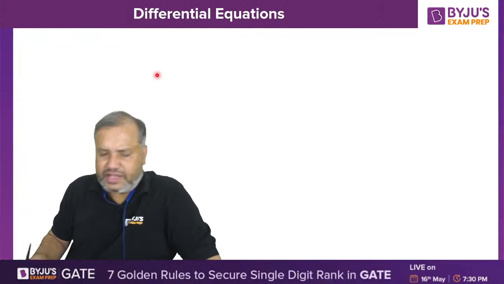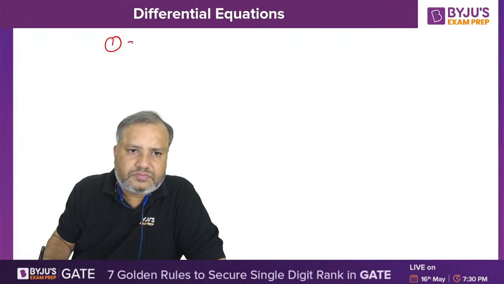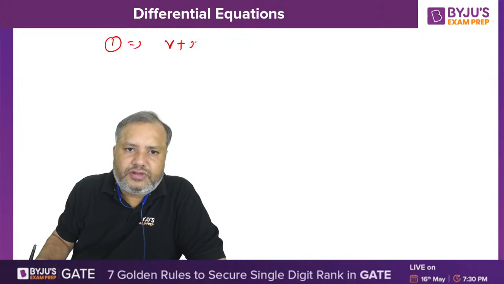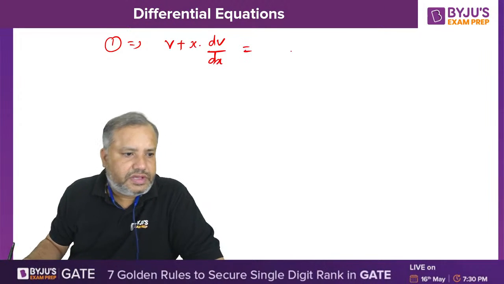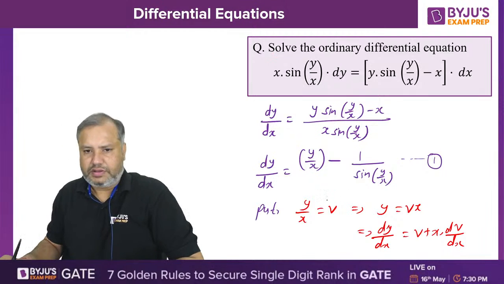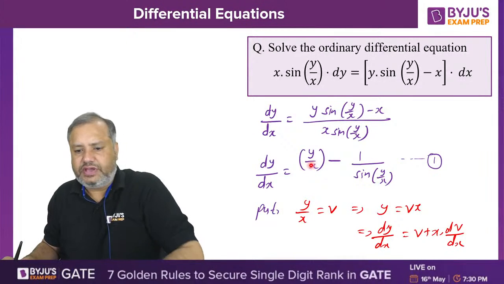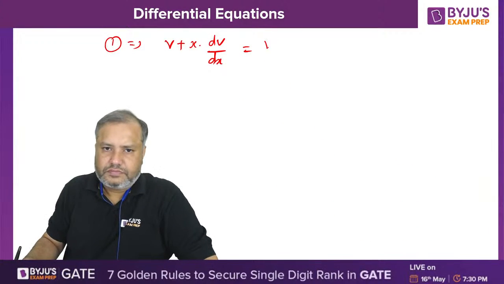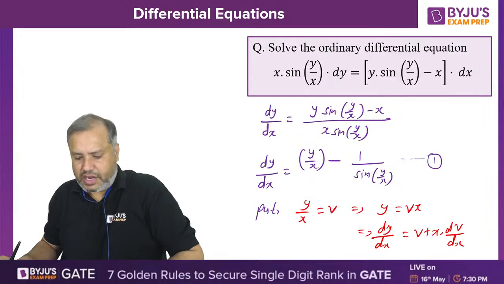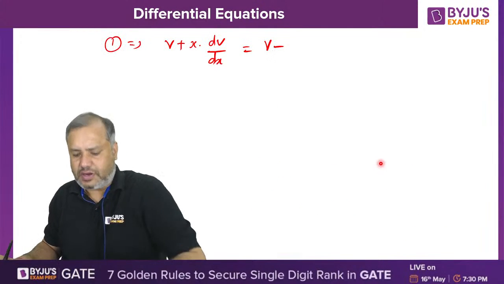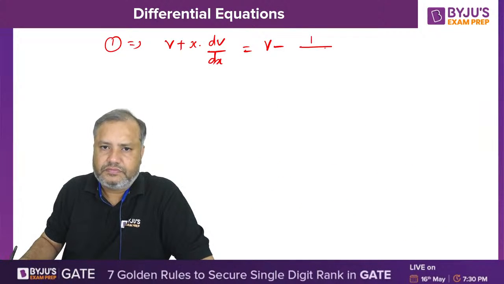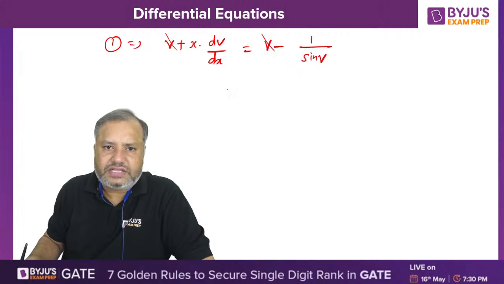So dy by dx is v plus x dv by dx equal to y by x is v, and 1 upon sin(y/x) is 1 upon sin v. So this v and v gets cancelled.